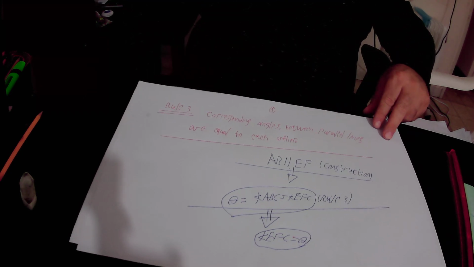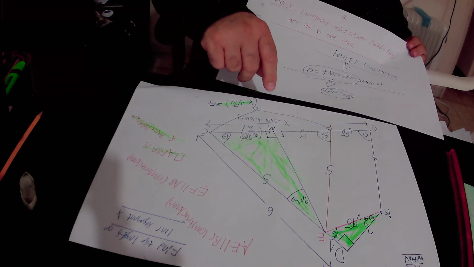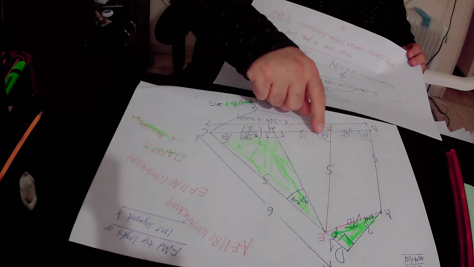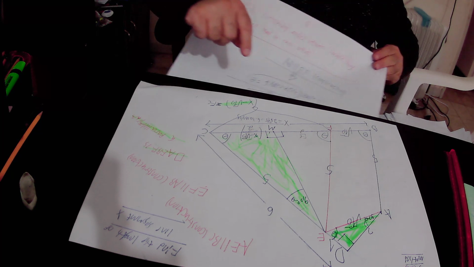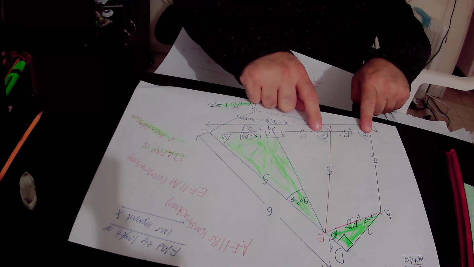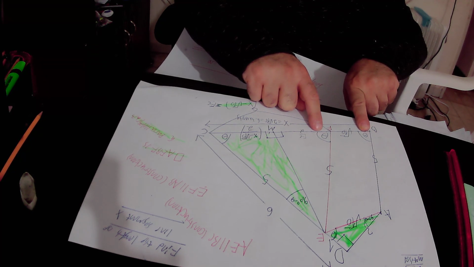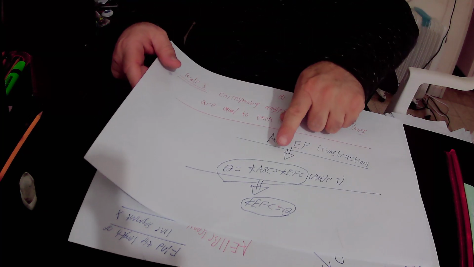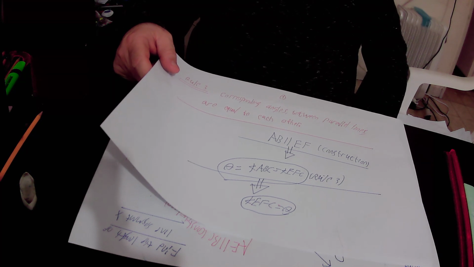Here we know that according to our construction, AB is parallel to EF. Therefore, according to rule number 3, those two angles are equal to each other. Those two angles that are defined as corresponding angles and are located between the parallel lines AB and EF will be equal to each other. That is to say, angle ABC equals angle EFC according to rule number 3.